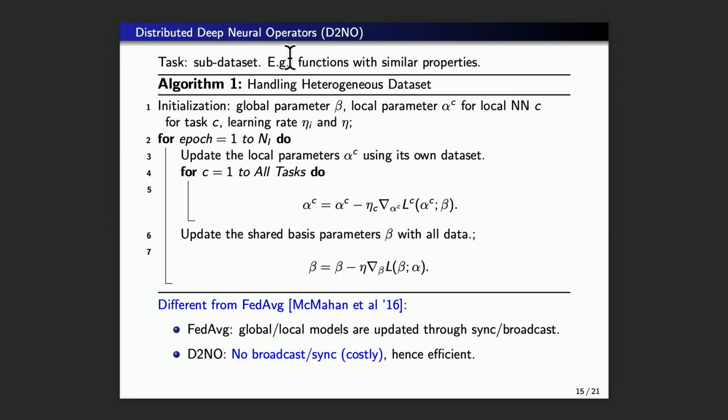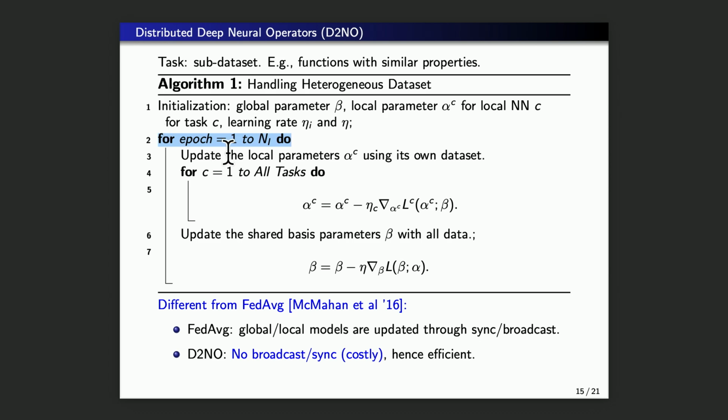For this pseudo algorithm, we first define the task. This is a very easy idea: one task is a sub data set, and the functions in this sub data set will be handled using the same networks. Then the main loop is loop number 2, which is just a standard optimization step, and you can consider some complicated one.